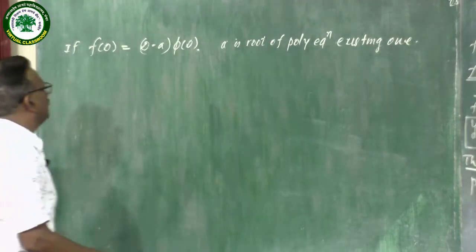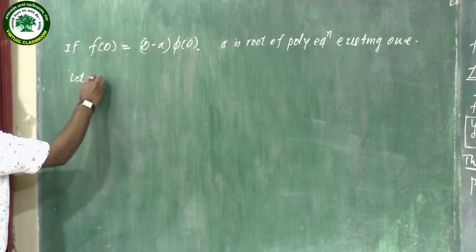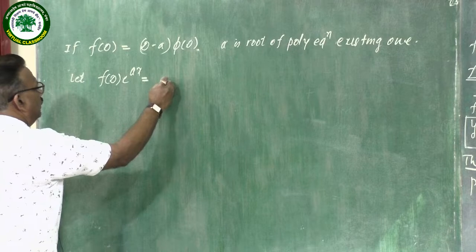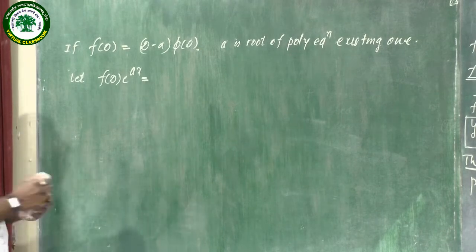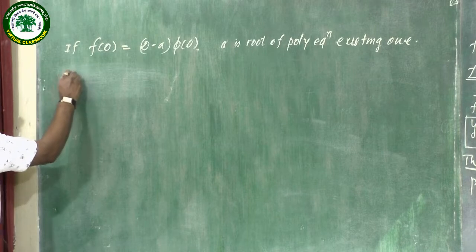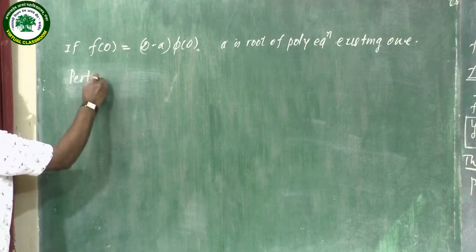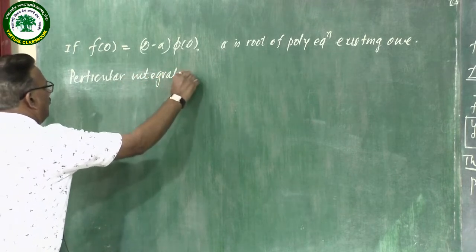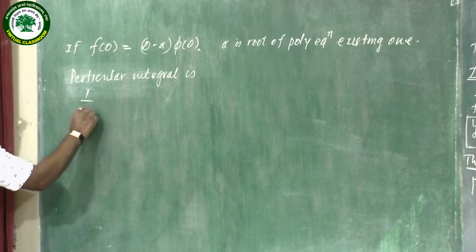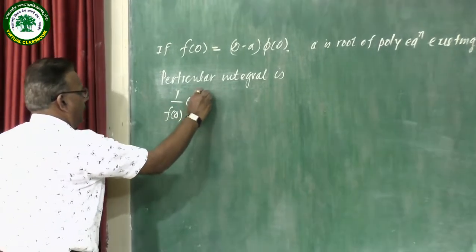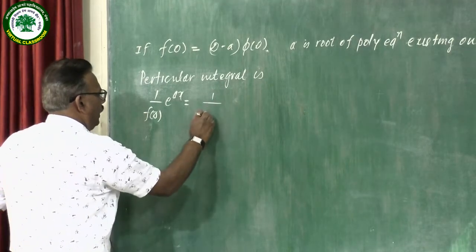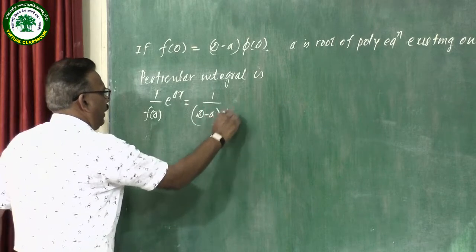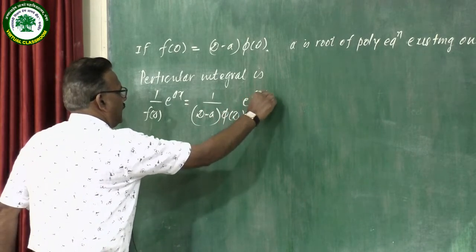What will happen here? Let f of D e raised to x, or the particular integral, be 1 over f of D into e raised to x, which is equal to 1 over D minus a into phi of D into e raised to x.